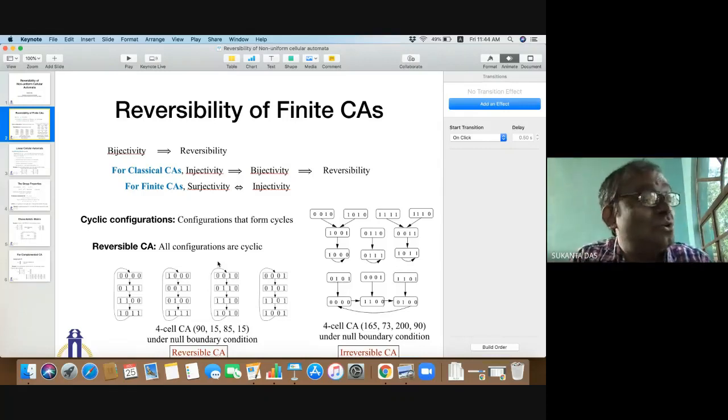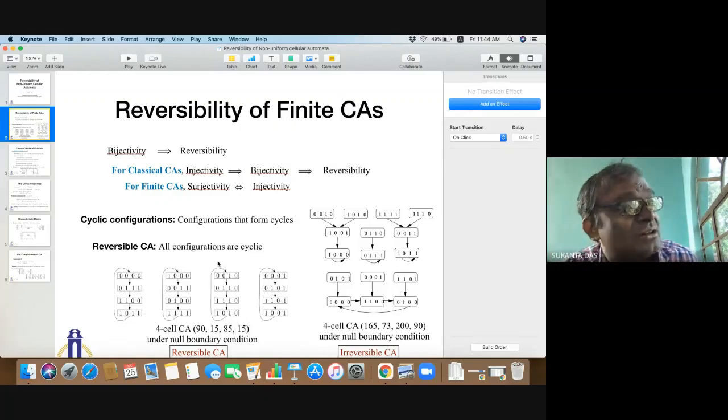So therefore, what I get, surjectivity also implies reversibility, right? Surjectivity means you'll have no configuration which has no predecessor. So it also implies the CA is reversible. Okay.